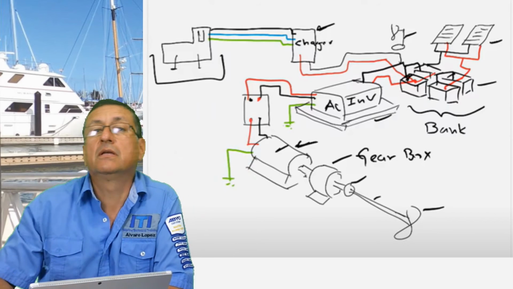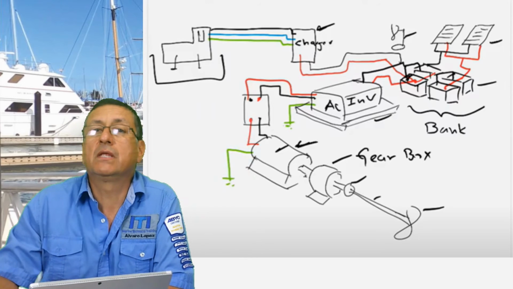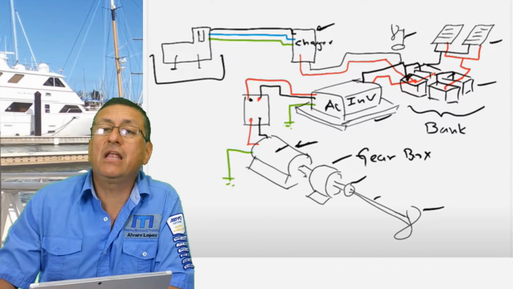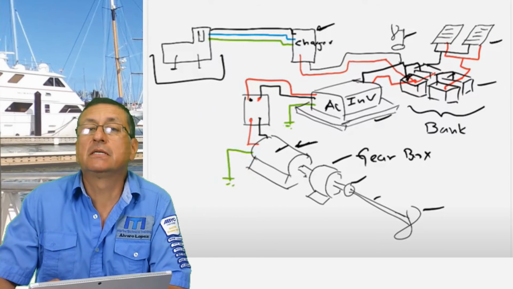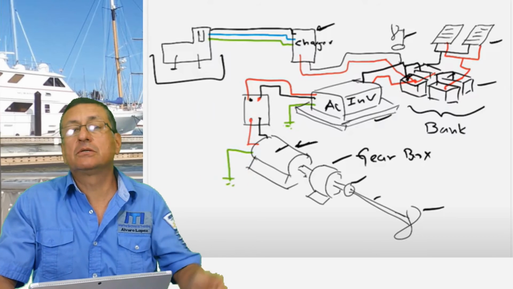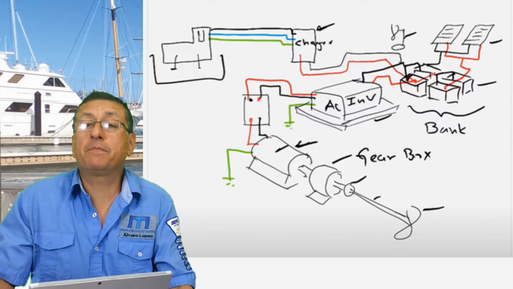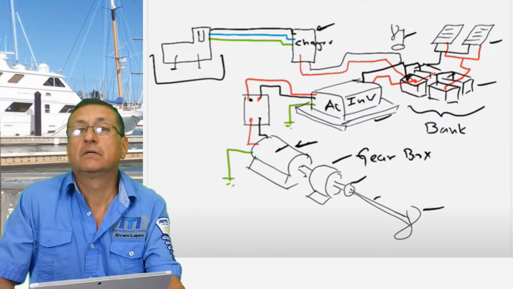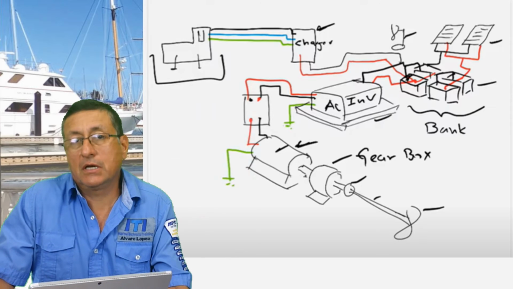And the inverter receives the power from the battery bank, the group of batteries, and those batteries are fully charged all the time because the majority of those sailboats and catamarans have solar panels and a windmill. This is the perfect configuration. This is very common in sailboats and catamarans.